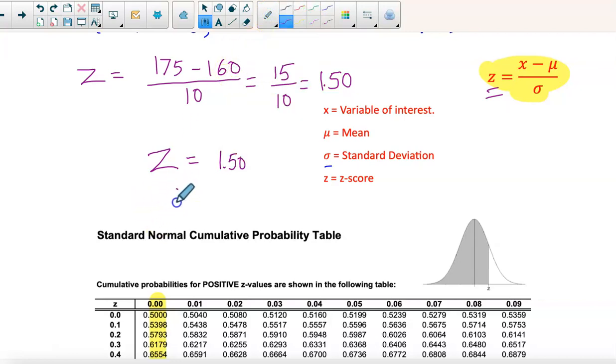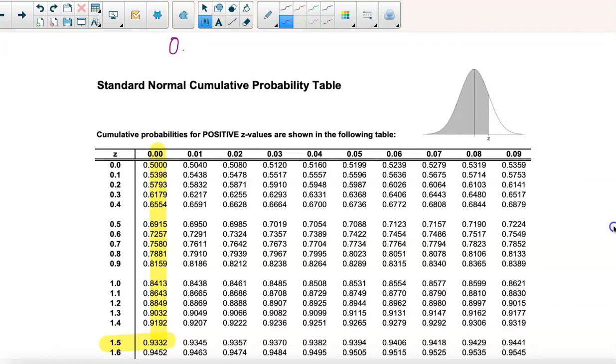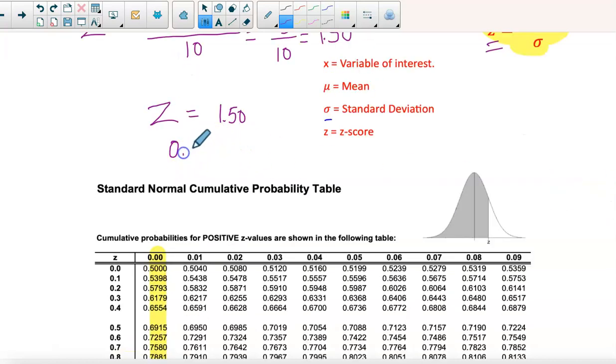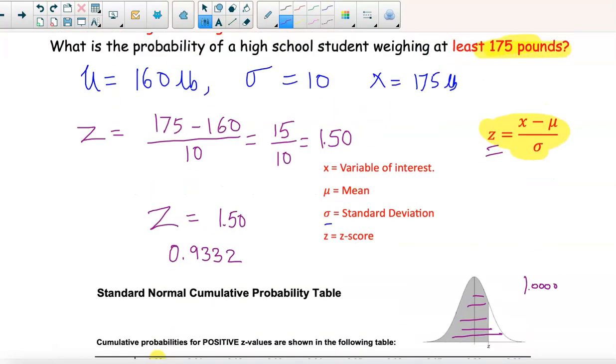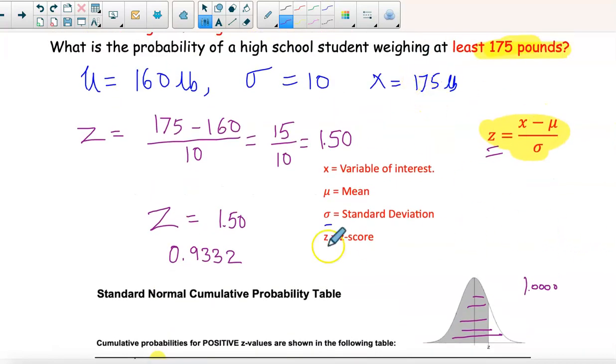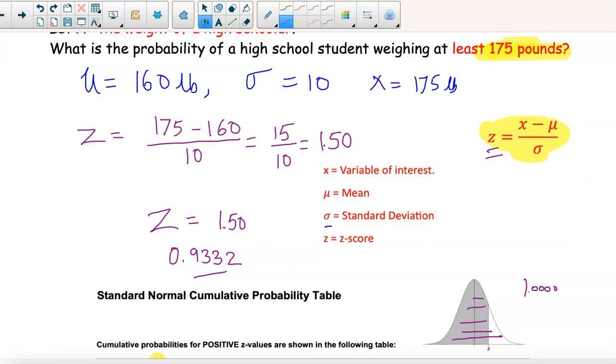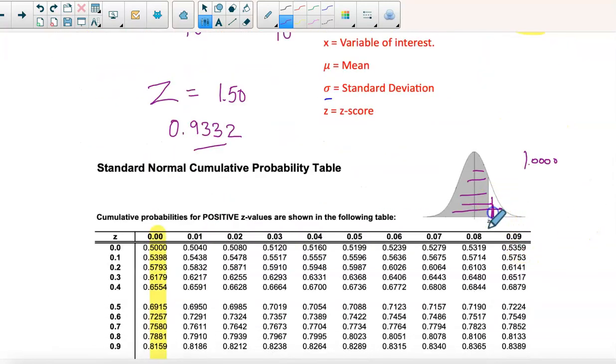0.9332, right? So this is telling me that out of the total area under the chart, which is equal to 1.0000, the value 175 occurs at this point. That is somewhere on this side over here; it is 175 pounds you will see.